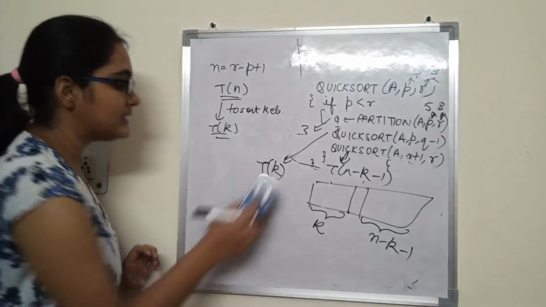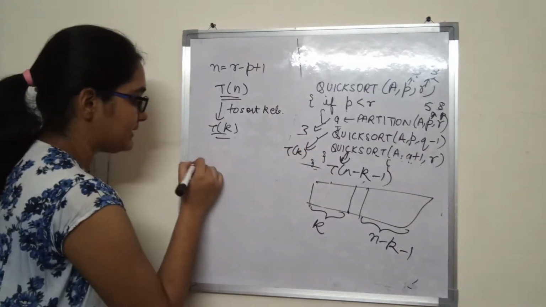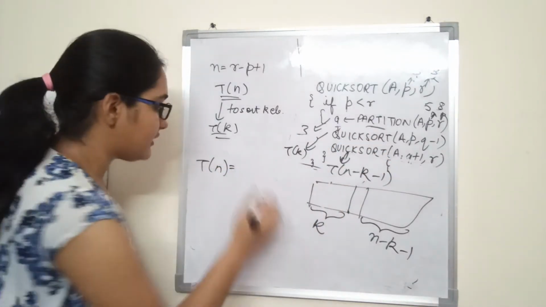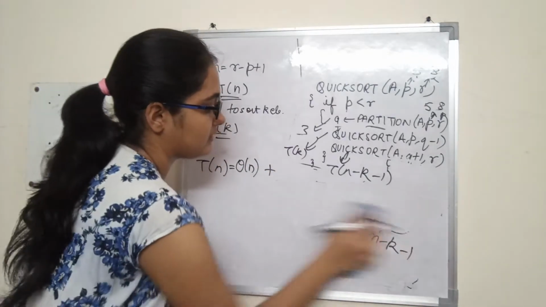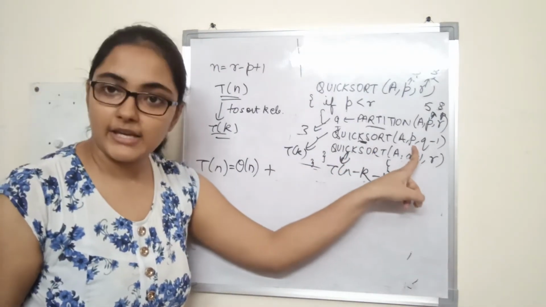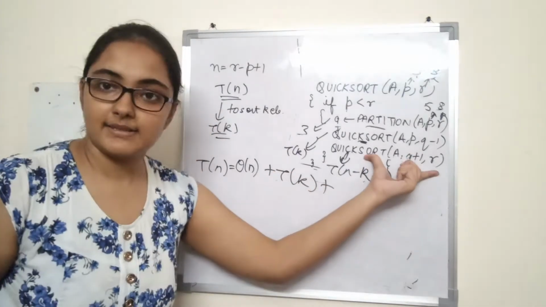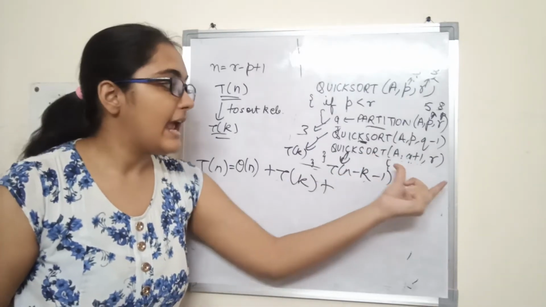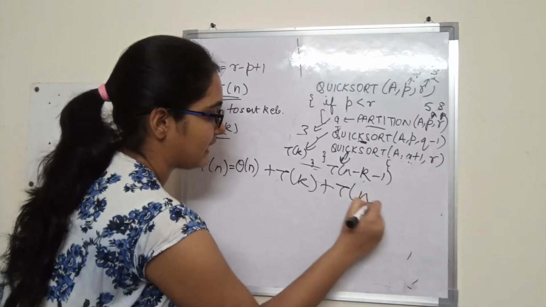In that case, T of n becomes the time taken by the partition function, theta of n, plus the time taken by quicksort on k elements, T of k, plus the time taken on the other part, T of n minus k minus 1, because quicksort is called on a problem of size n minus k minus 1.